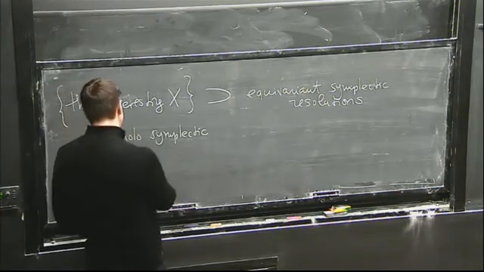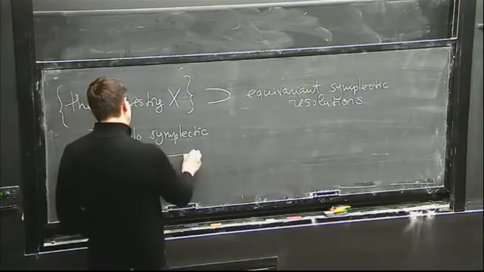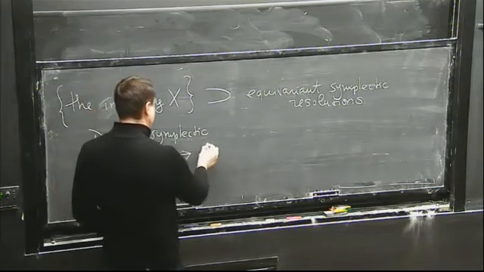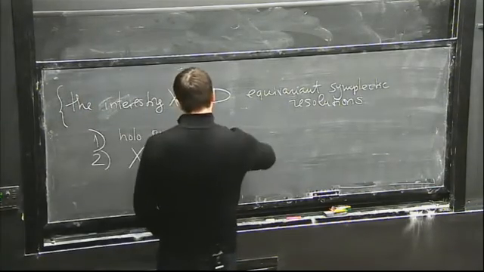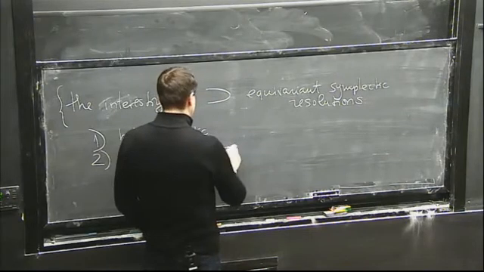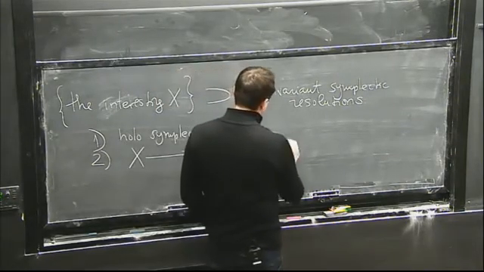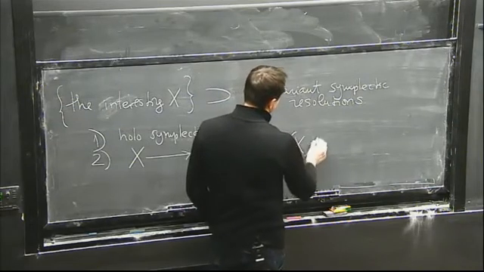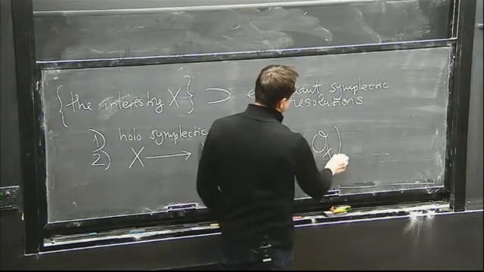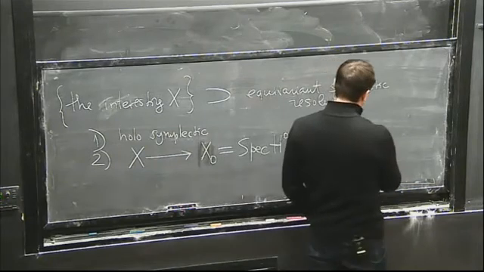That is to say that if I take X and map it to the spectrum of the global functions, which is X naught, which is Spec of global functions on X, I want this map to be projective, proper, birational.